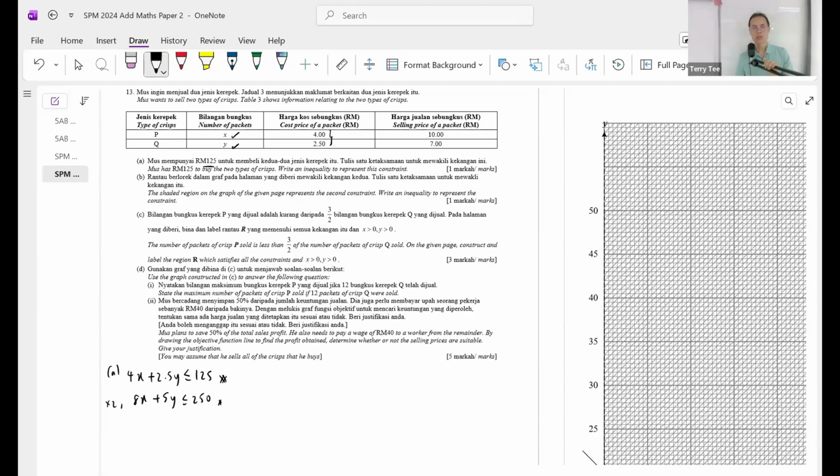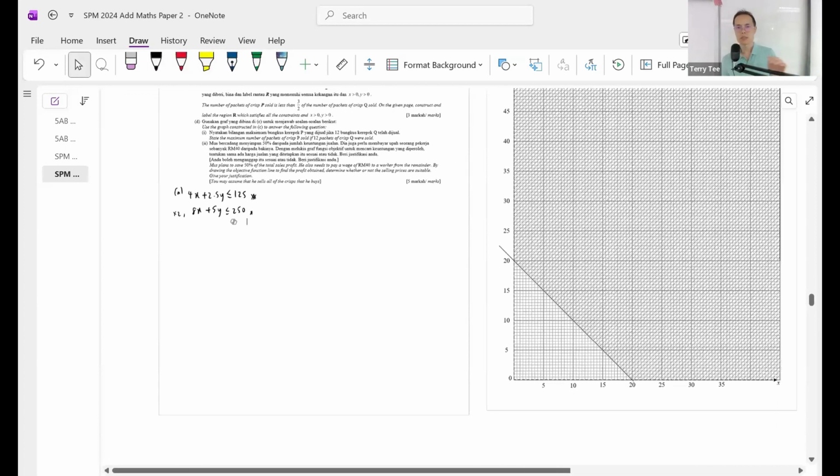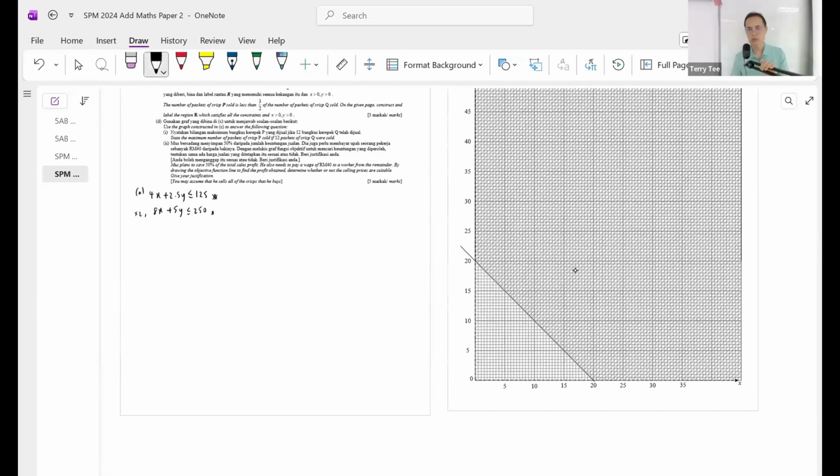This one times 2. Okay, next, they say the shaded region on the graph in the given page represents the second constraint. Write the inequality to represent the constraint. Look at the graph given here. This is 20 and 20. So the gradient is very easy. Gradient is negative y-intercept over x-intercept, which is -1. Your y-intercept is 20.